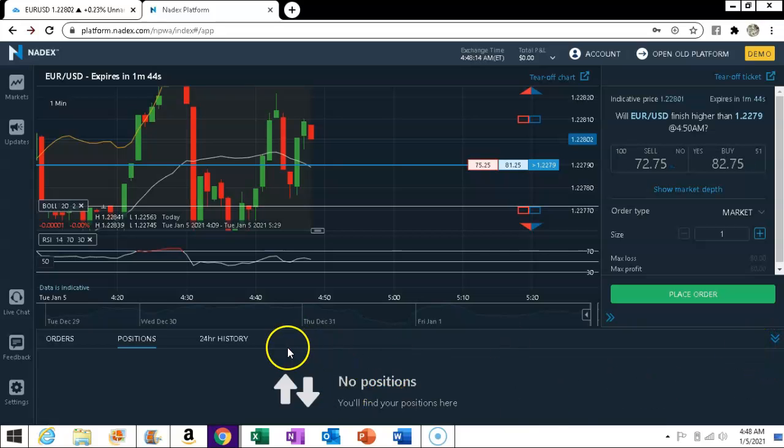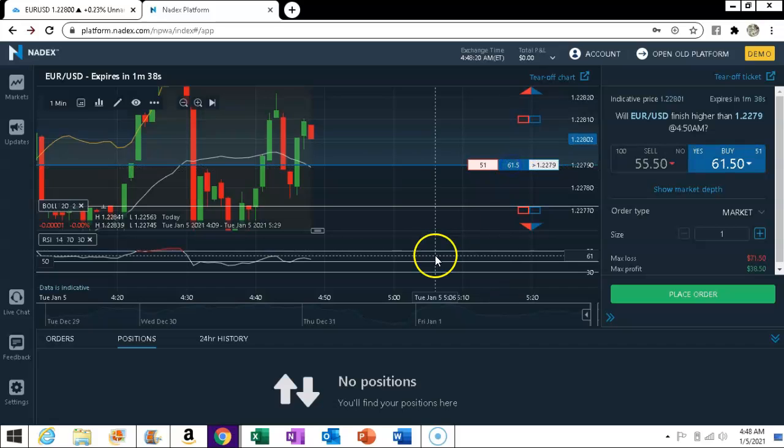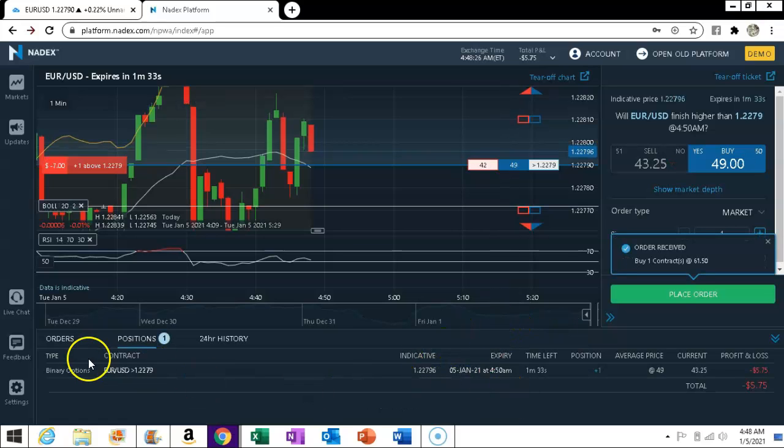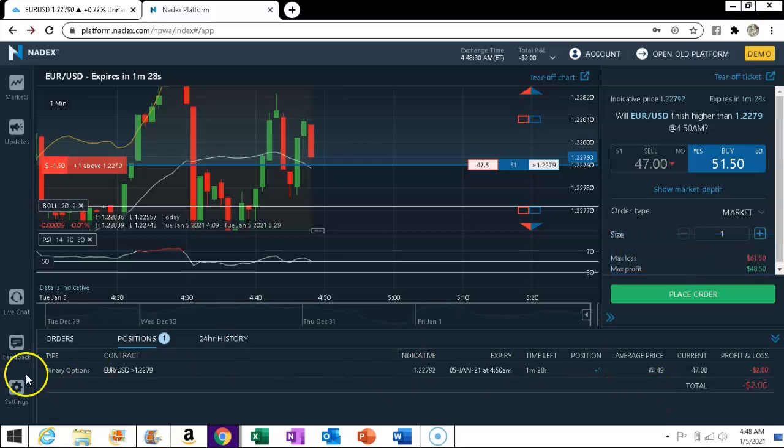But the purpose for this down here is, say for instance, I'm just going to choose a trade, and then I'm going to place my order. When you place your orders for your trades, you will see all of the details of your orders down here.